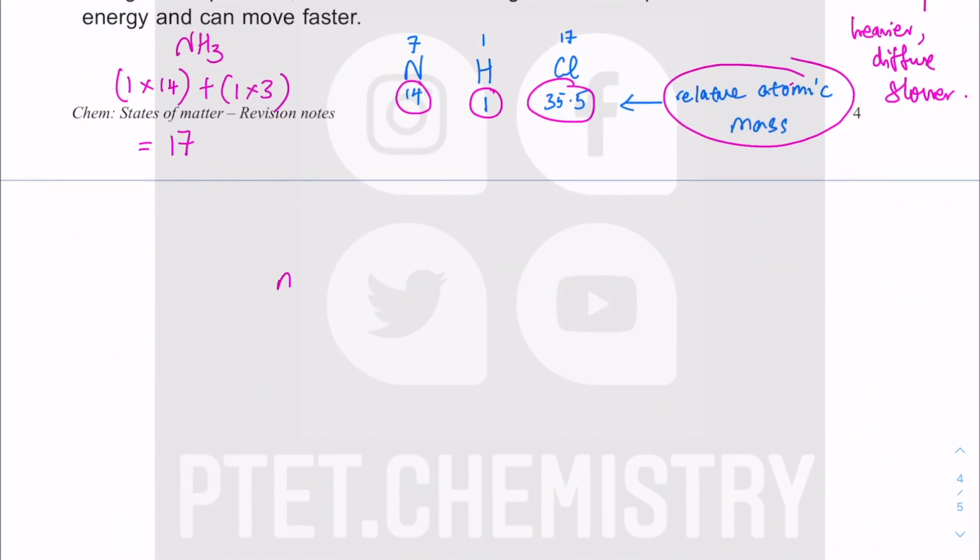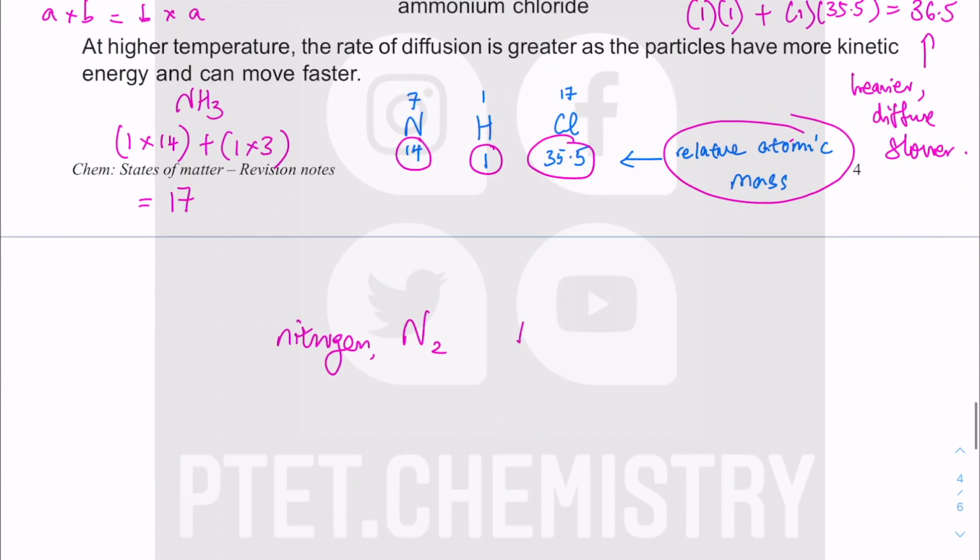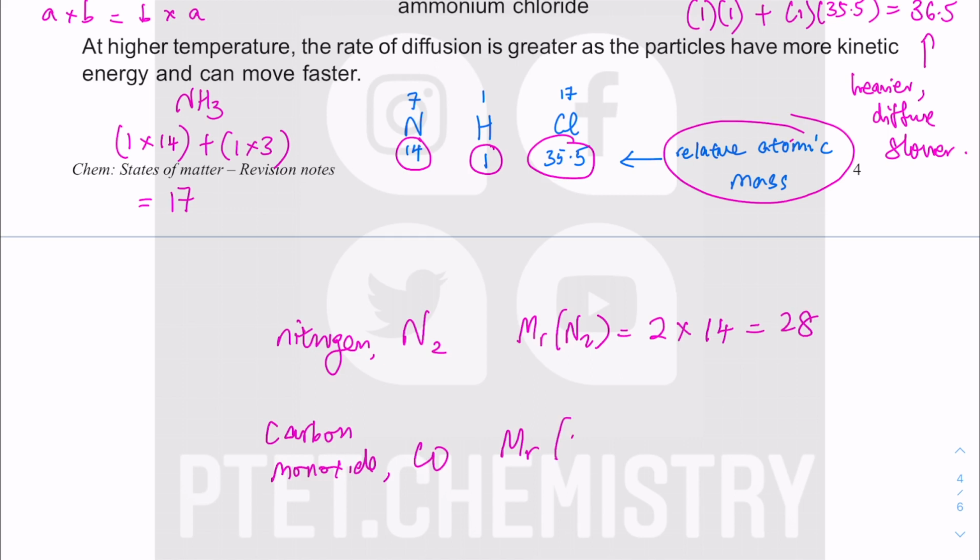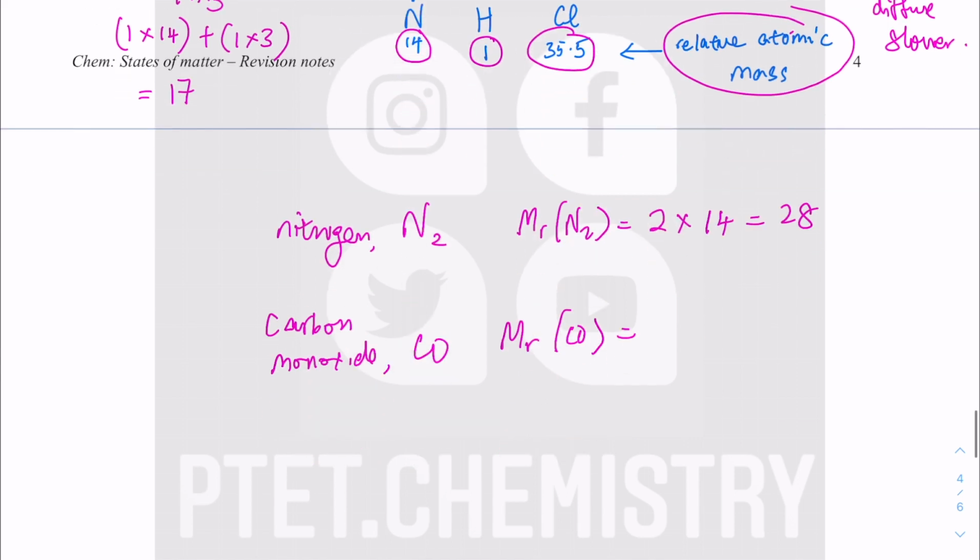Take nitrogen gas, which exists as N2, so the molecular mass of nitrogen will be 2 times nitrogen. The mass of each nitrogen atom is 14, so they give you 28. When you have carbon monoxide, at this stage I can just give you the formula, but by the time you reach the next couple of topics, you should be able to know this formula as part of your vocabulary.